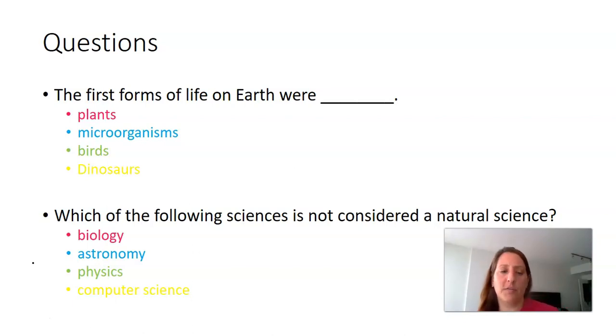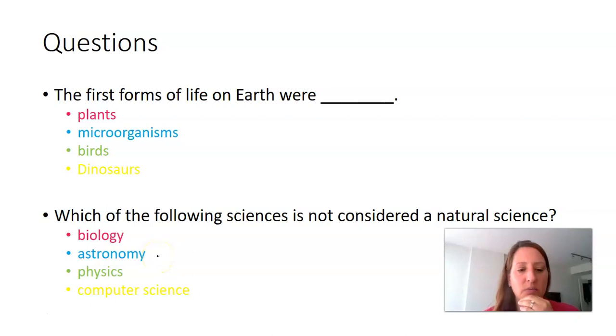So the first forms of life on Earth, what do you think? Give you a second to think about it. Okay, so hopefully you know that the first forms of life on Earth were microorganisms. Okay, organisms that are single-celled that you would need a microscope to see.